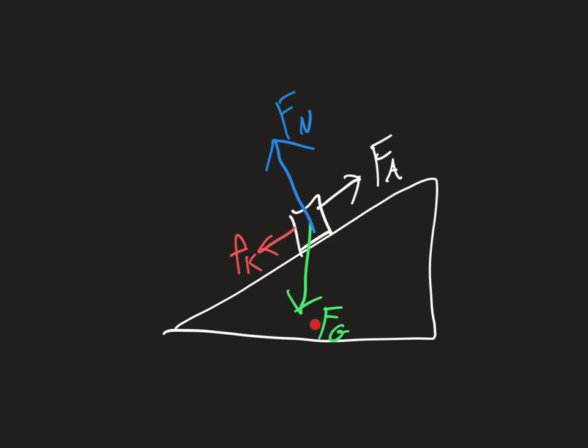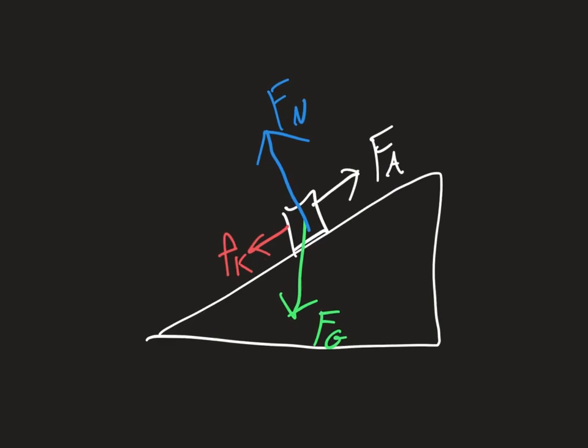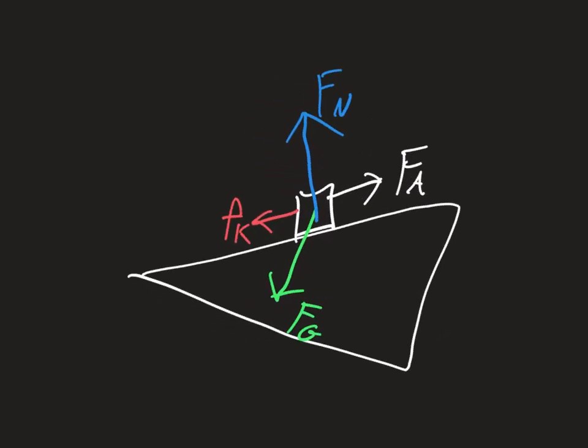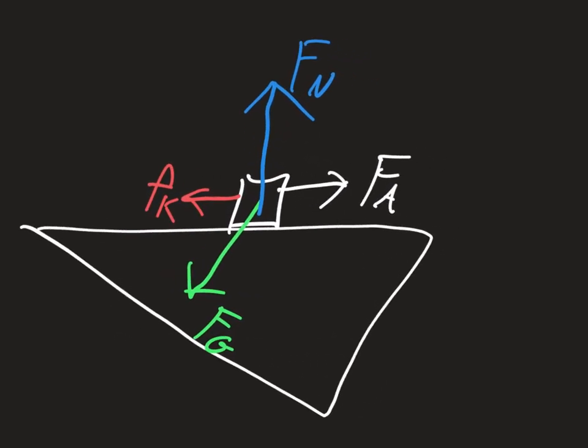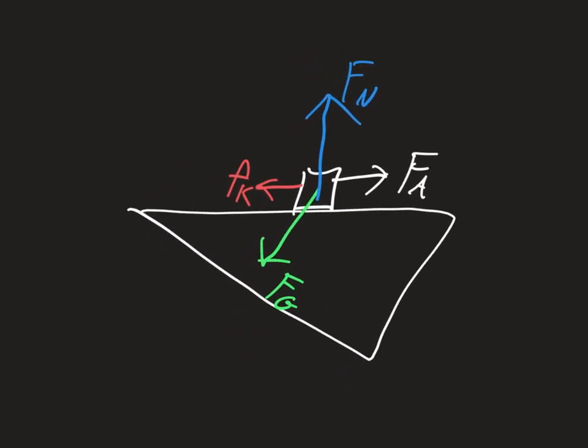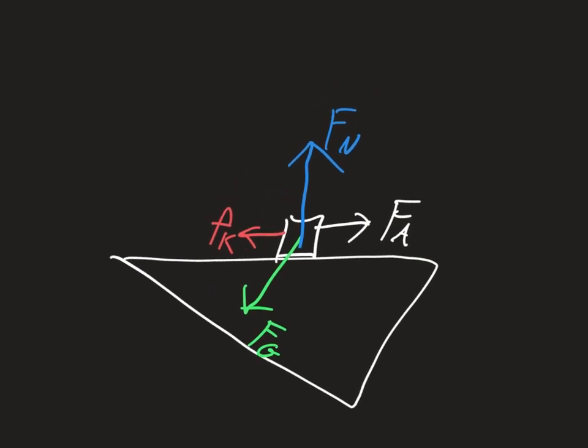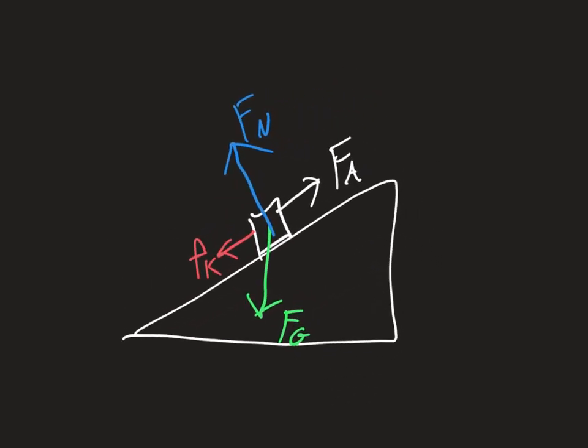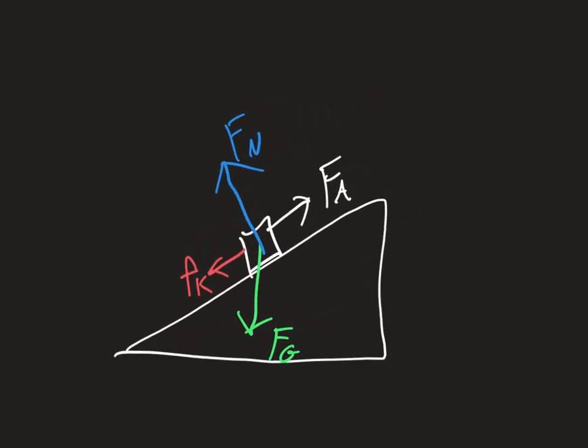If you think about this, it would be much easier if we could turn the whole thing like that, right? But in real life, you can't turn the world, but you can set things up the way you want to do them. So I'm just going to say that I'm tilting my axis.